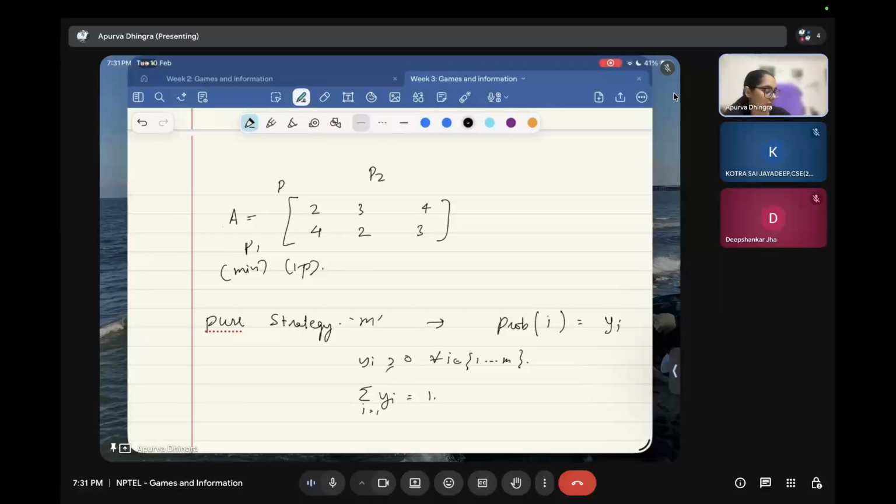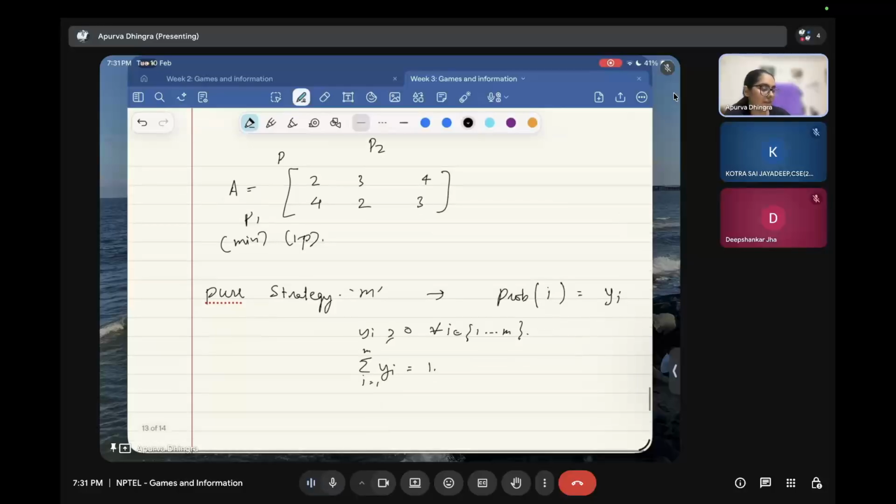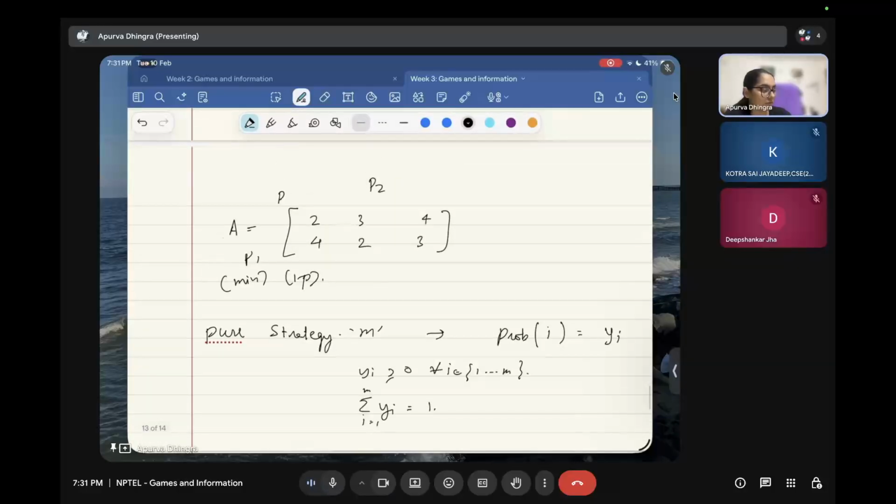Similarly, I can do that for the other agent also. Instead of p, I can have q1, q2, and 1 minus q1 minus q2. This way, the strategy space has expanded from just taking one row or one column. It's saying by what fraction we are taking a particular row or a particular column.